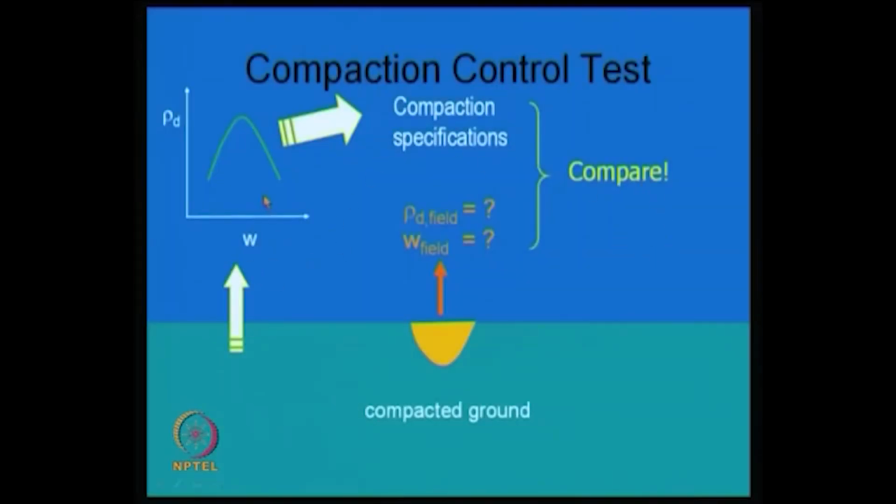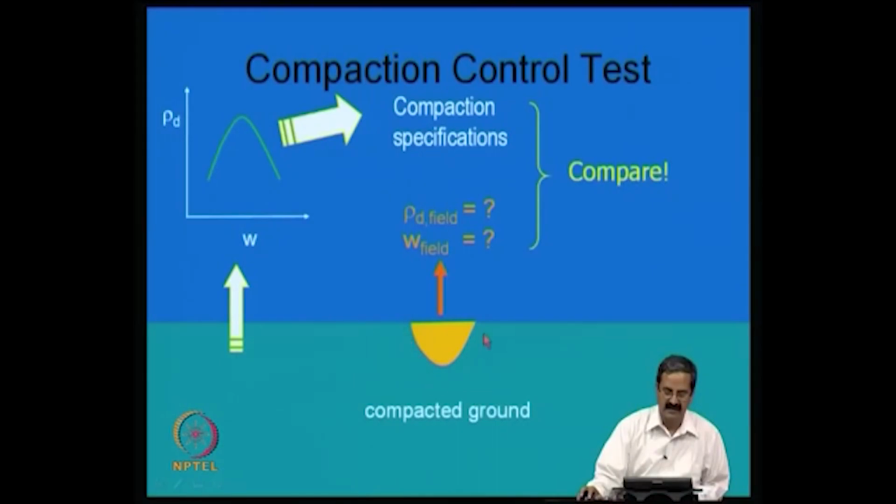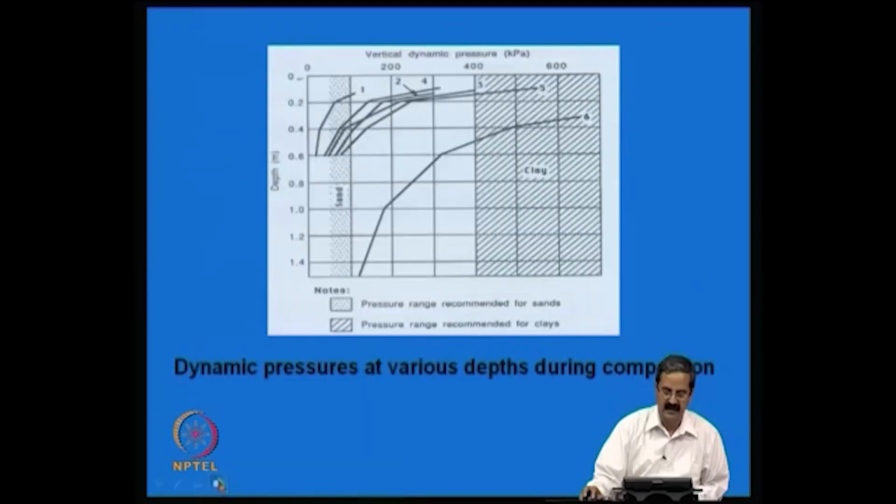So, this is what I just meant: you take an undisturbed sample, find its water content and density, and compare with field specifications. There are some more criteria which we will address a little later.